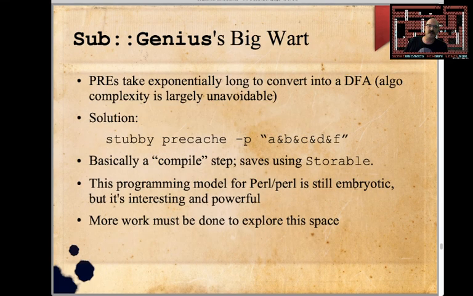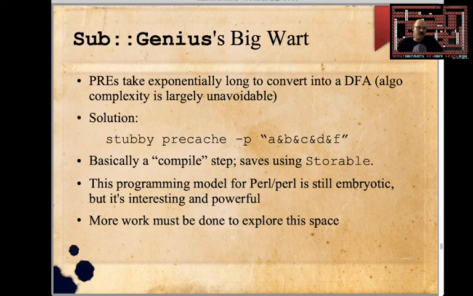Okay, so I've already touched on this, but it takes a long time for PREs to be compiled or converted into DFAs. This is largely algorithmically or computationally complex. The computational complexity is high, so there's only so efficient that the algorithm itself can be made, but other things can be done to make the conversion process itself faster.